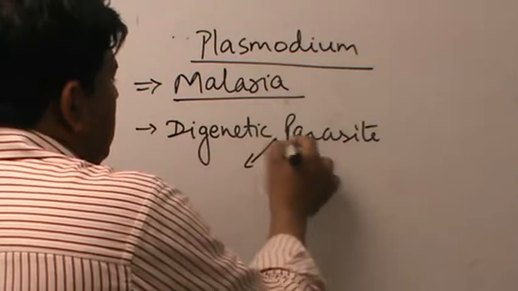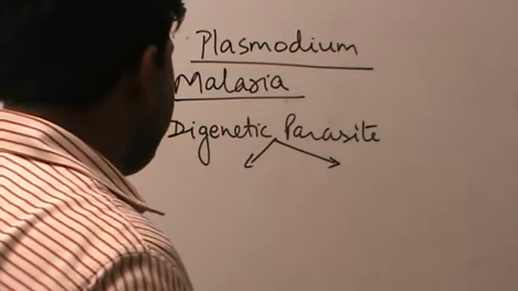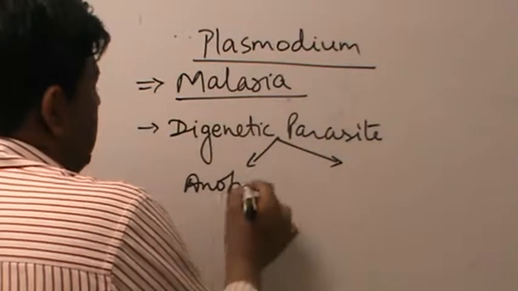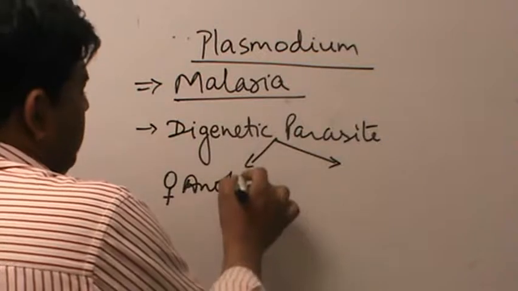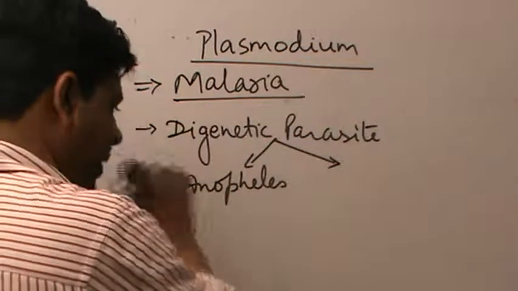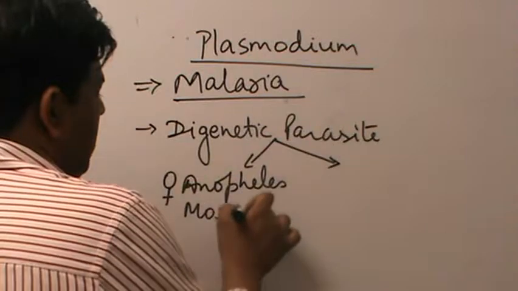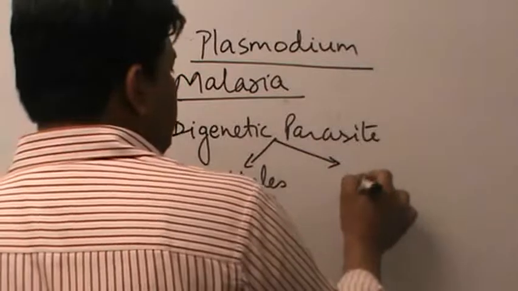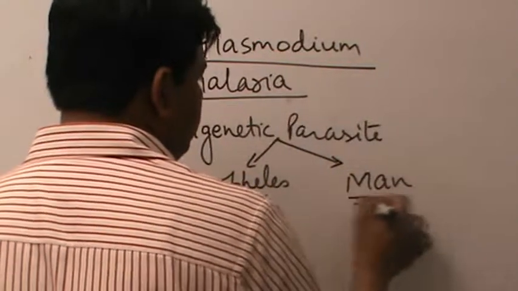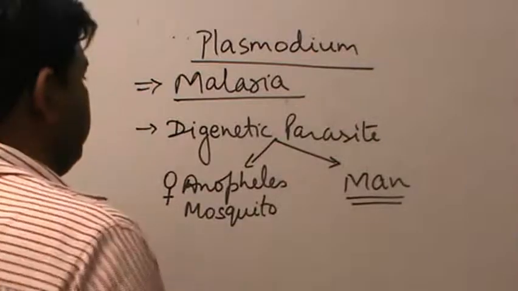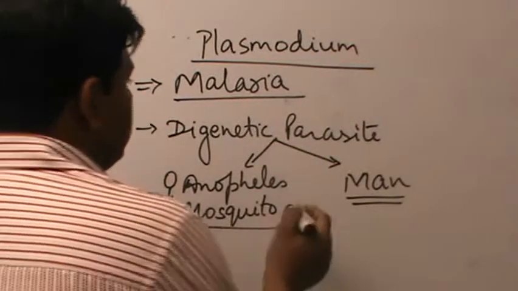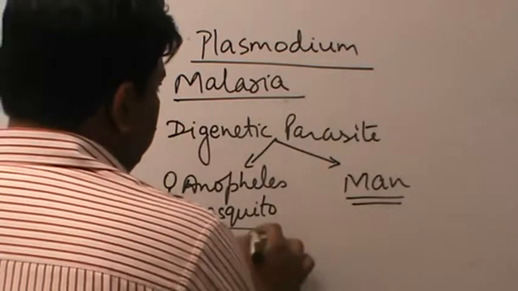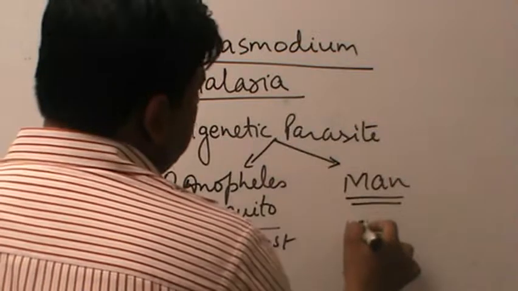It completes its whole life cycle in the female Anopheles mosquito and in man. The mosquito is the primary host and man is the secondary host.